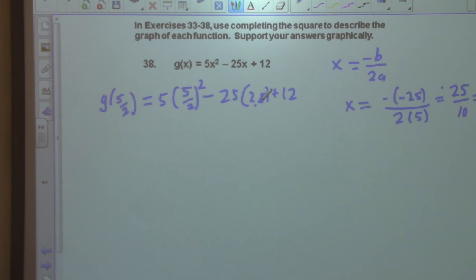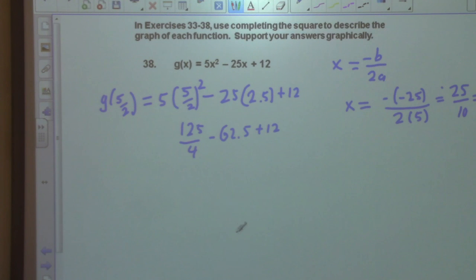Okay, what are we going to get for that? We're going to get 25, so that'd be 125 fourths. And then we have 25 times 2.5, what is that, 62.5? Plus 12.